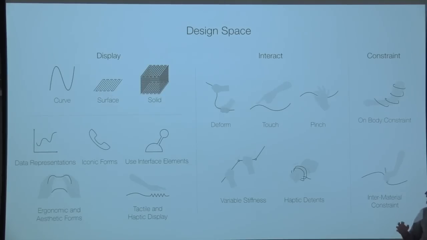And again, the really interesting things are when we use these shape displays or shape-changing user interfaces to interact with the physical world around us, because that's something that we can't do with purely digital information: to manipulate our world. So we built two different scales.